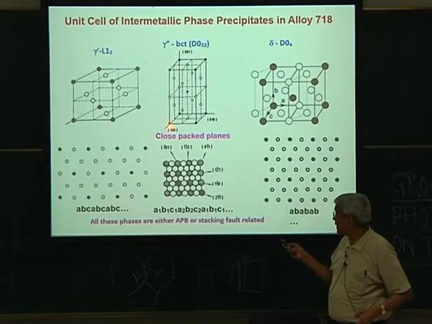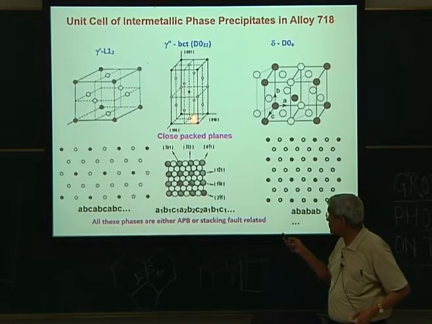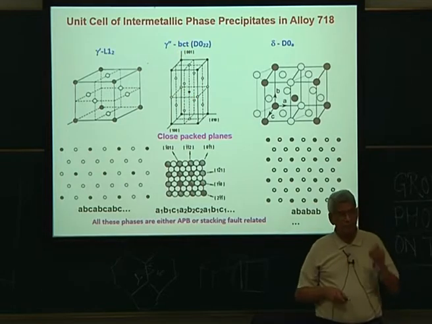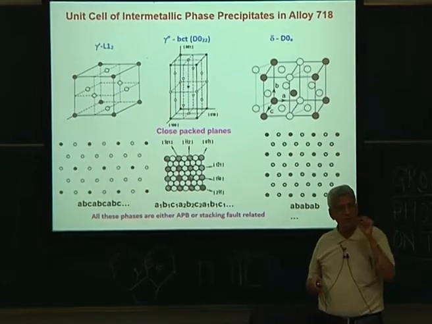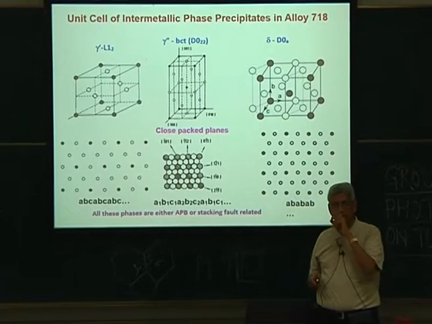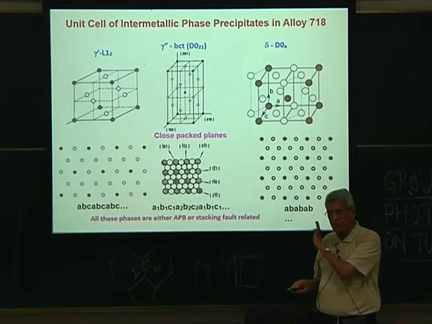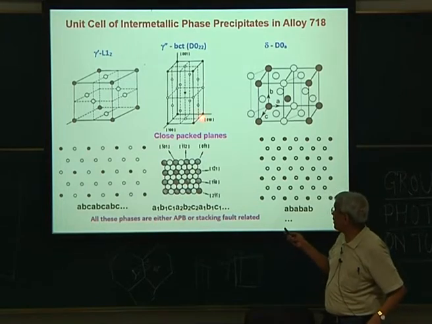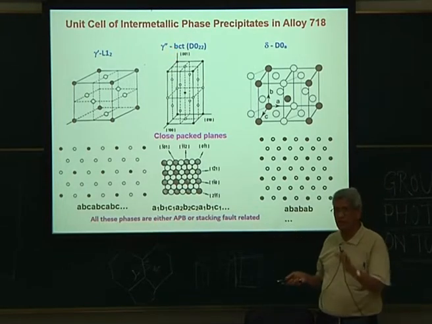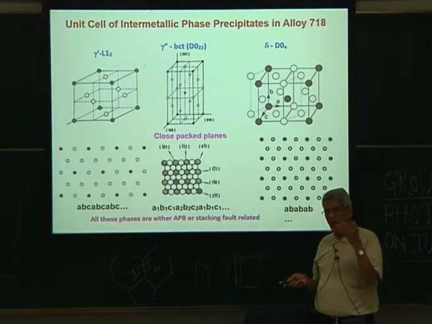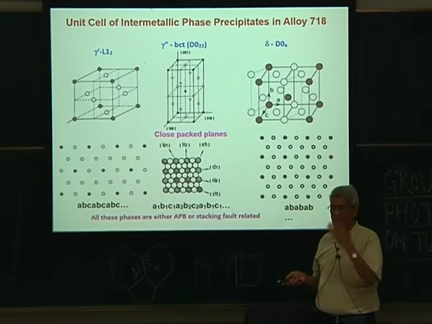Correct? And another structure which it forms is gamma double prime. This is the main strengthening phase in this alloy. Okay. In fact, this is a metastable phase which doesn't form in the binary system Ni3Nb. Essentially, its composition is Ni3Nb with part of niobium replaced by aluminium and titanium.